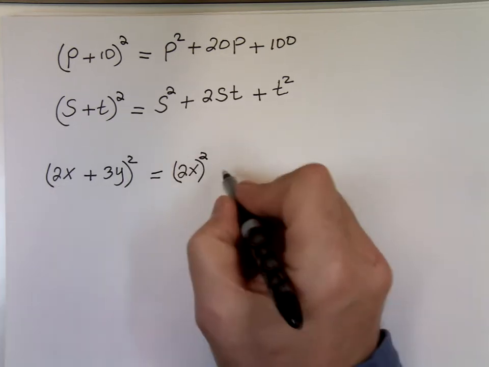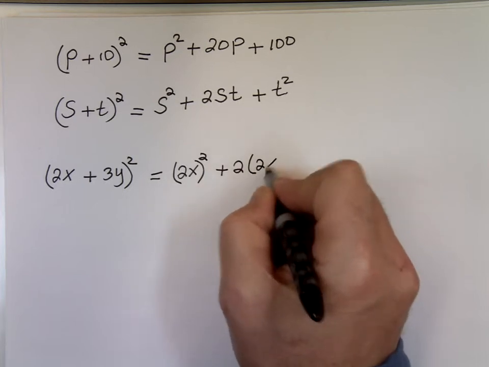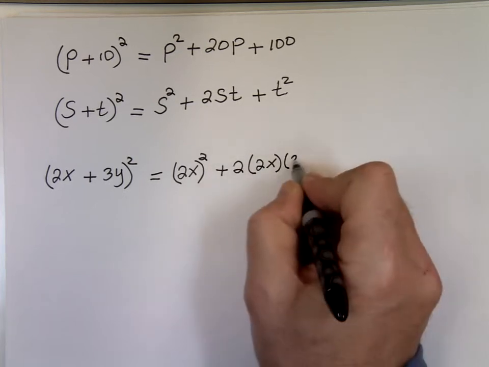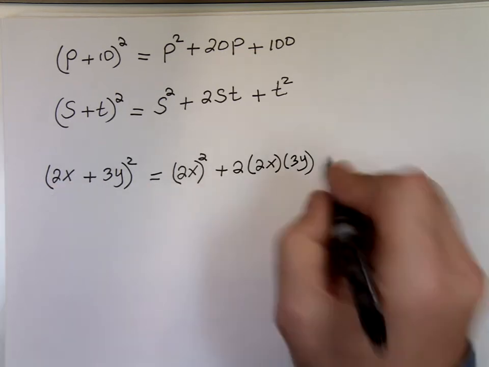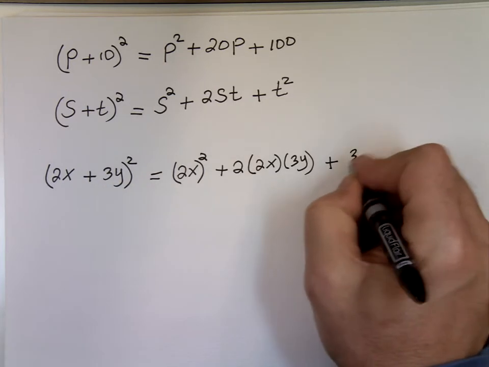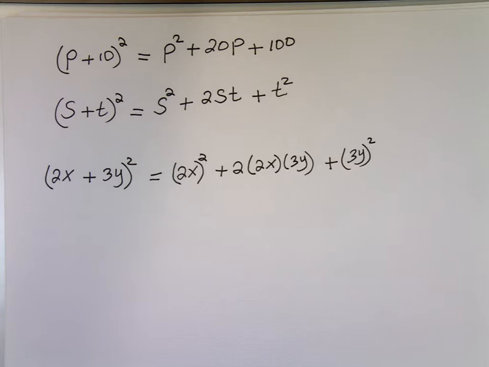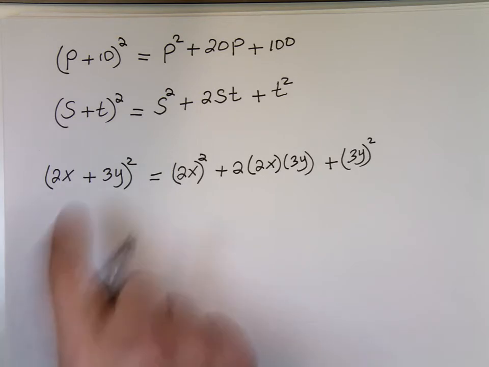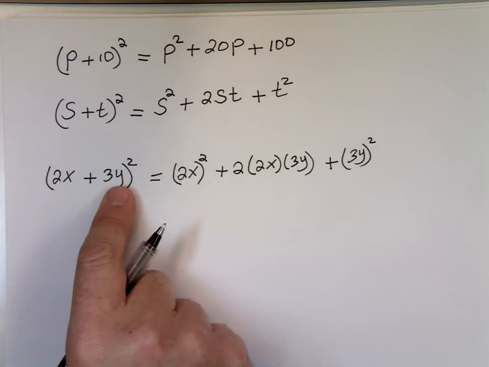Multiply these two guys together and then multiply the answer by 2. So this times the 2. And what's the last step? Square this one. Square the first. 2 times the product of this times that. And square the last.